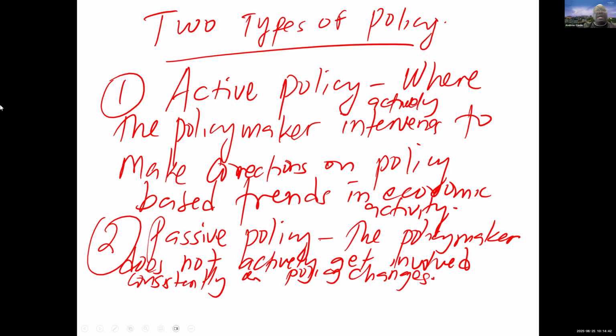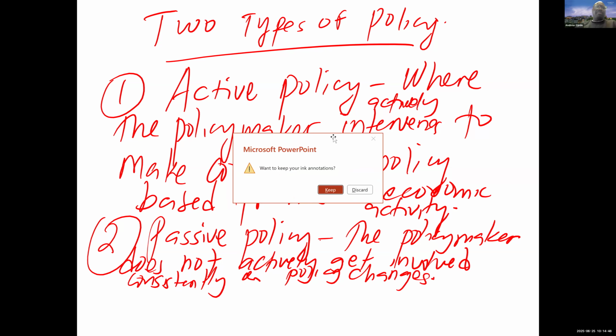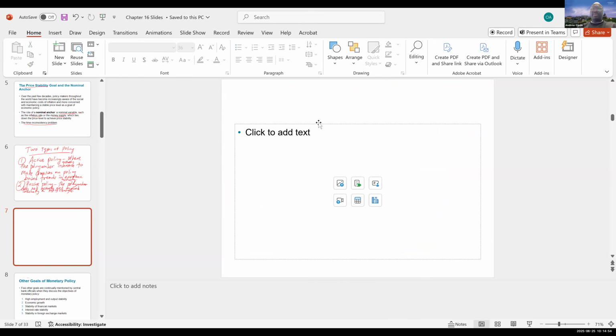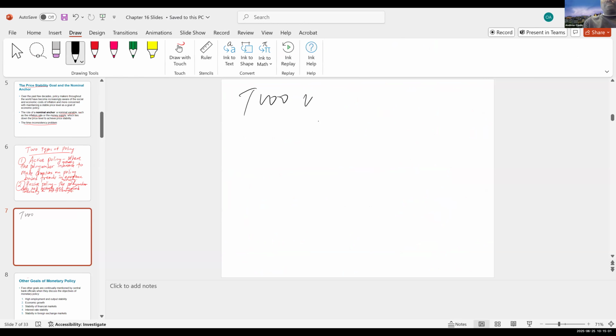Okay, but out of this, there are also going to be two types. Given that policy can be passive or active, we can also say there are two ways of implementing policy, whether monetary or any type of economic policy.